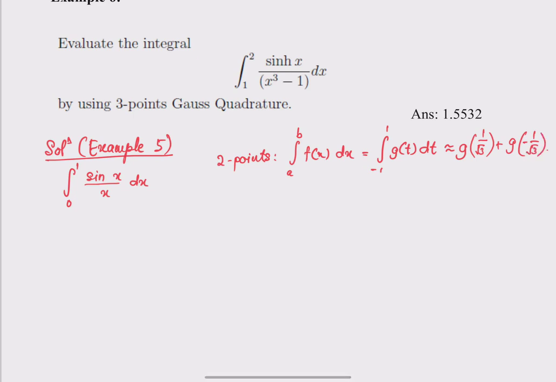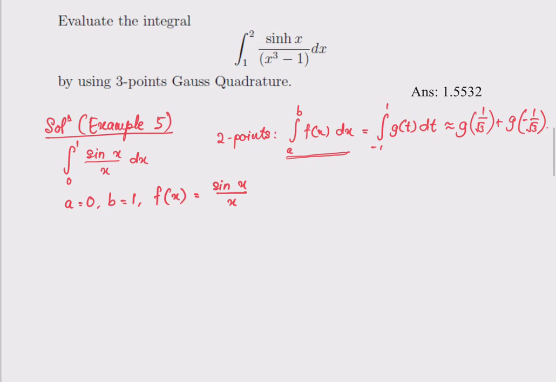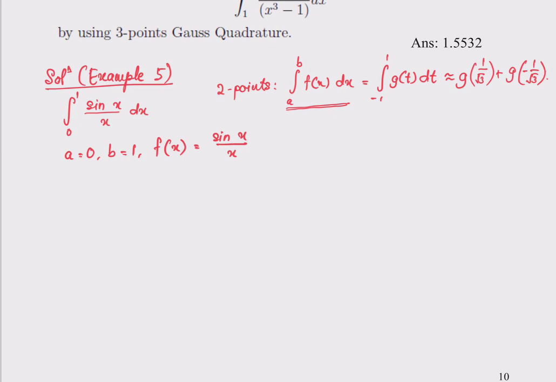By comparing the first term on the left hand side with our question, our a is now 0, our b is 1, and our f(x) is sin x over x. The main important thing that we need to do to use the Gauss quadrature formula is the transformation of our x by using the formula that we know.